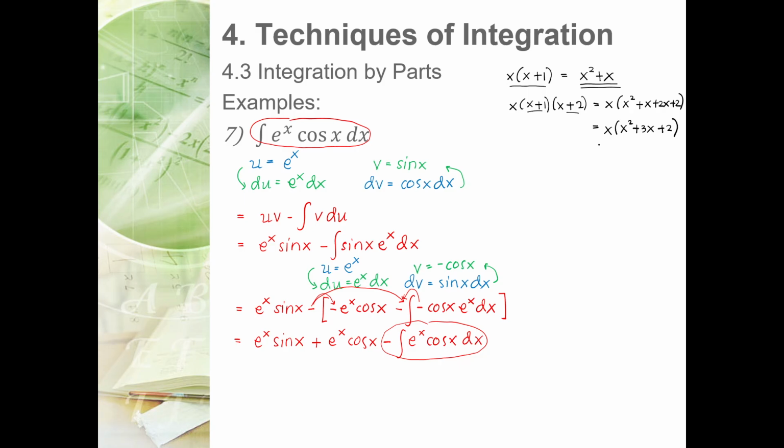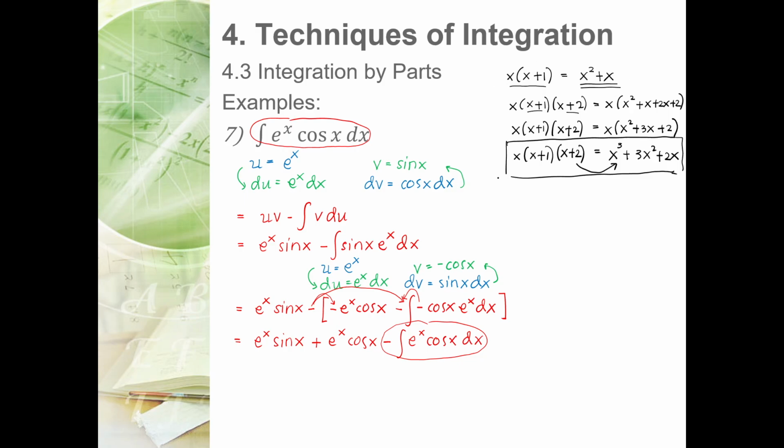Then we need to distribute the x, so that's x cubed plus 3x squared plus 2x. So in basic mathematics, the correct way is for us to repeatedly write the original equation on the left side. That's always the correct process, so we need to write it always in that manner. Then the final answer is this one, because it's like an identity. This term here is equivalent to the term on the right side.